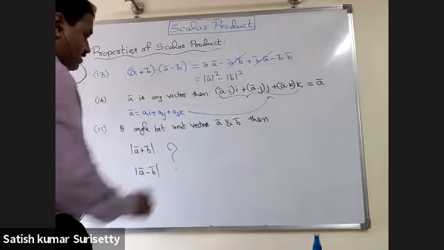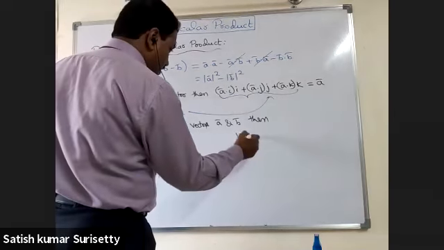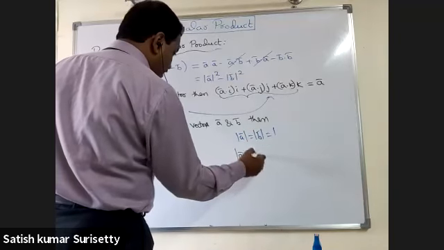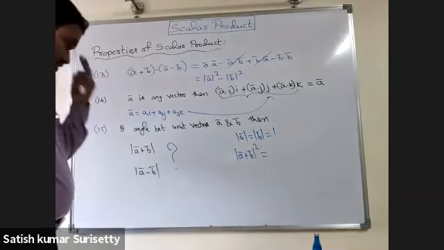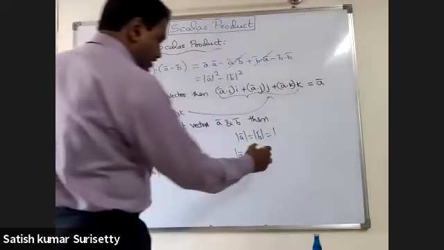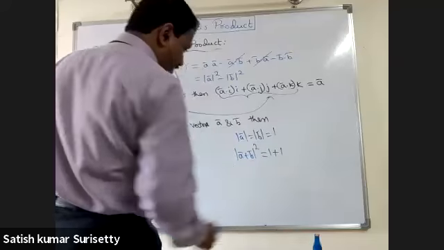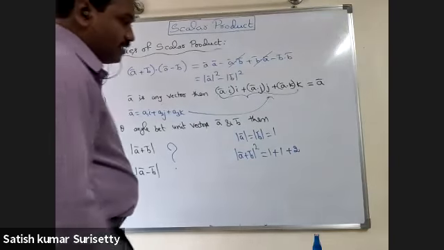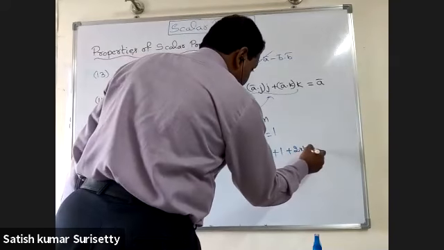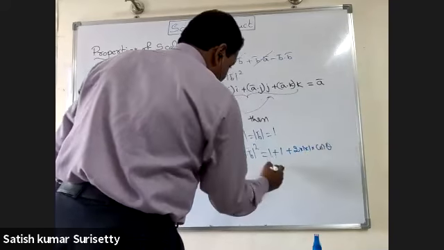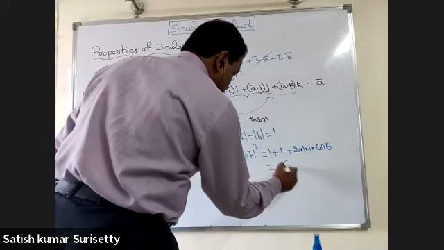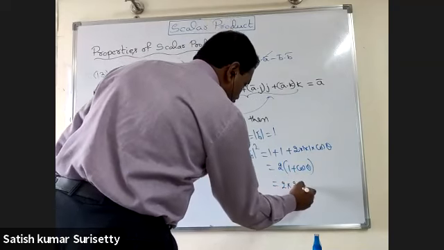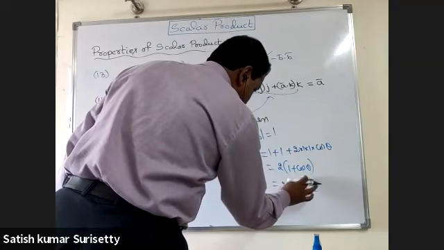Because a bar and b bar are unit vectors, modulus of a bar and modulus of b bar are 1. So modulus of a bar plus b bar whole square equals modulus of a square, 1, plus modulus of b square, 1, plus 2 into a bar dot b bar, that is 2 into mod a mod b into cos theta. That means 2 is common, 1 plus cos theta, that is 2 into 2 cos square theta by 2.